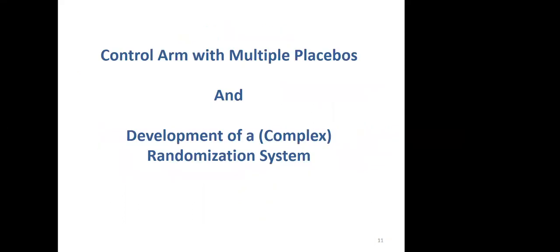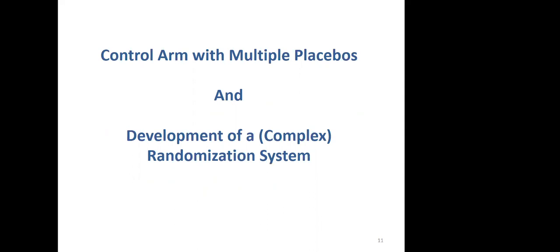So I'm really going to focus on two topics which go back to those schematics. The first one is trying to think about a control arm in a platform trial where you've got treatments that are administered in different ways. I mentioned earlier, some treatments are infused, some are injected, some are taken nasally as a spray or inhalation.